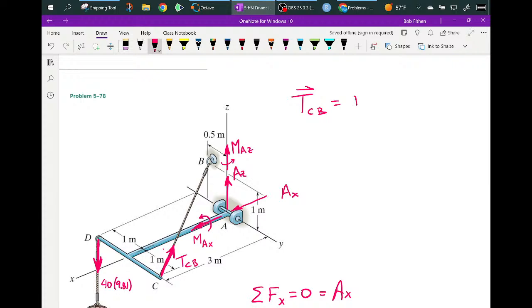Well, it's equal to the tension CB times a unit vector that goes from C to B. I'll run it from here to here, back to here, up to here, and over and across.